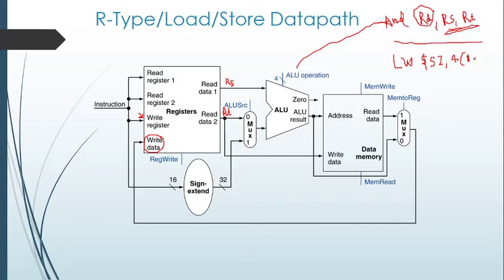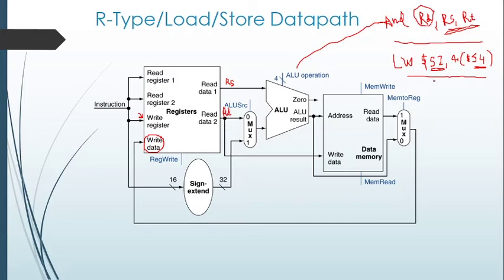S4 is the RS here. So this is the RS of a load word instruction. This S2 is the destination, which is not RD.